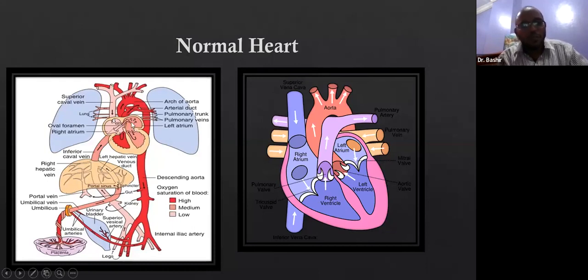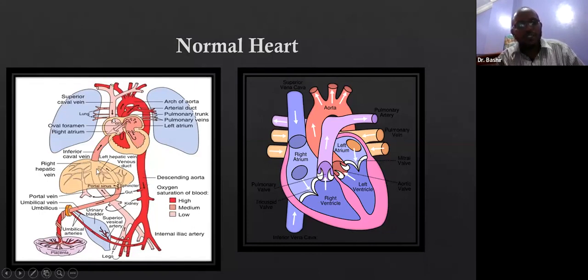So the well-oxygenated blood will go to the left atrium, and then through the mitral valve to the left ventricle, and then it will go to the aorta, to supply the upper part of the body, the neck vessels, and then go to the descending aorta.